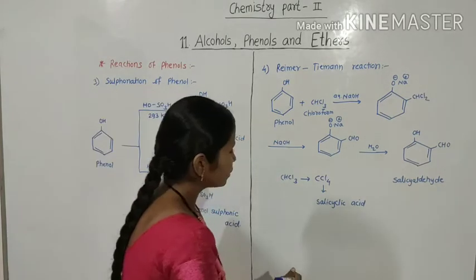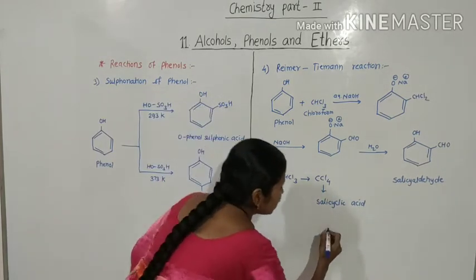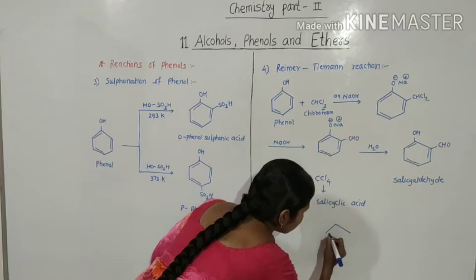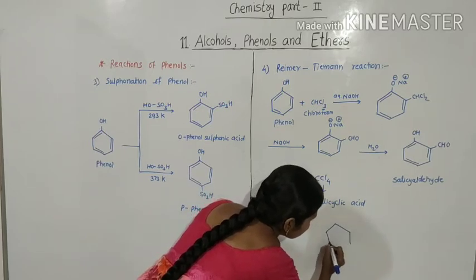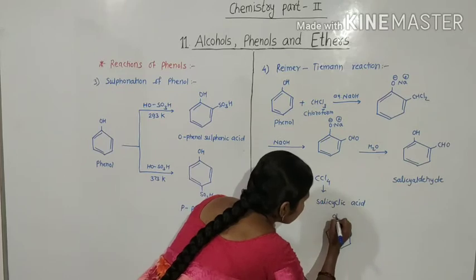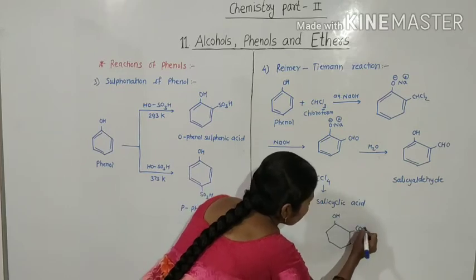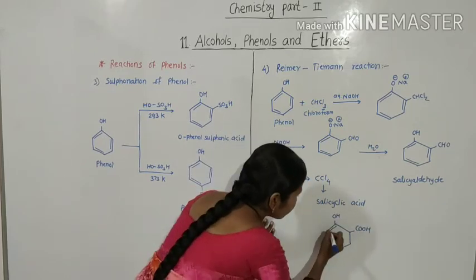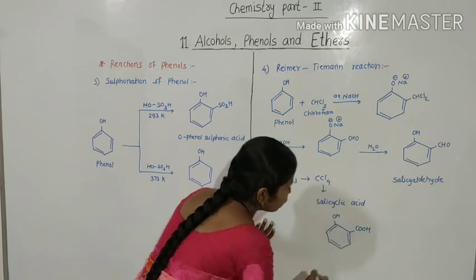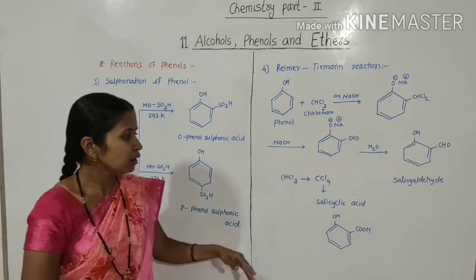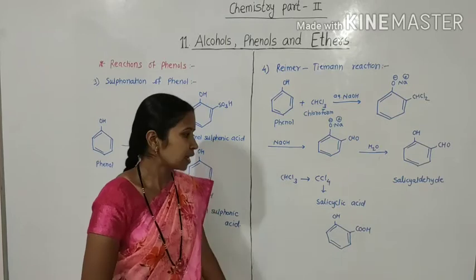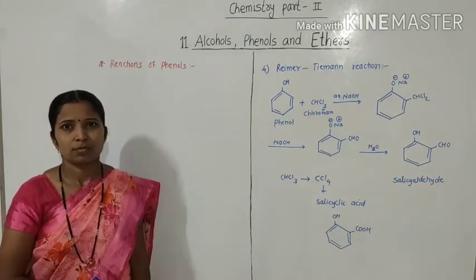Okay, let's see the structure of salicylic acid. When the reagent used is carbon tetrachloride, then we get salicylic acid.